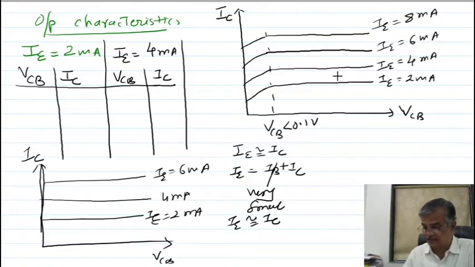That you can see in this graph. This is nearly about 1.98, or it is like so. So, almost horizontal graph you are getting.